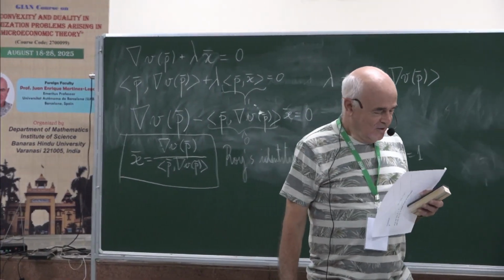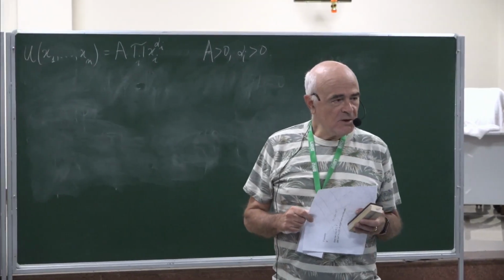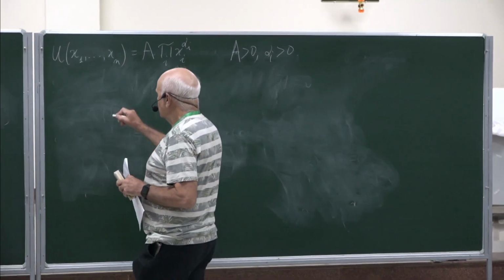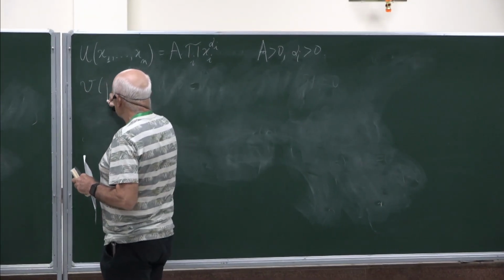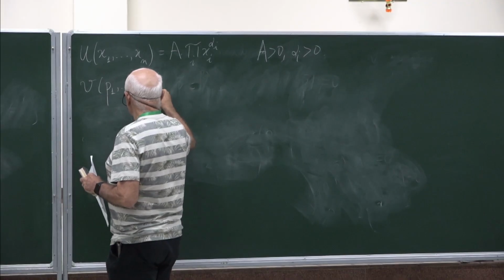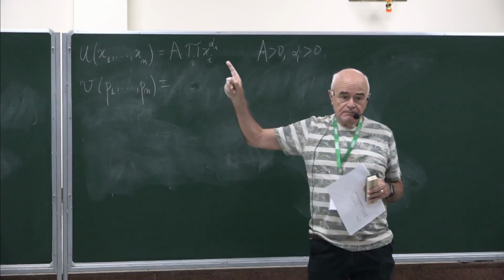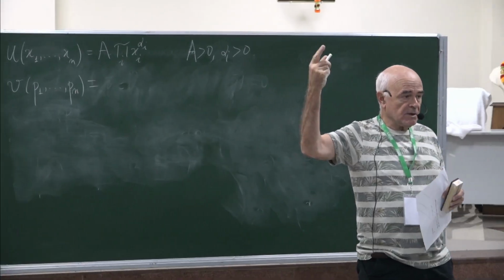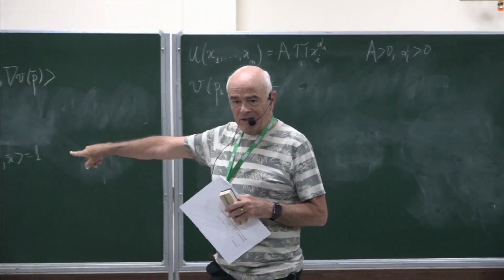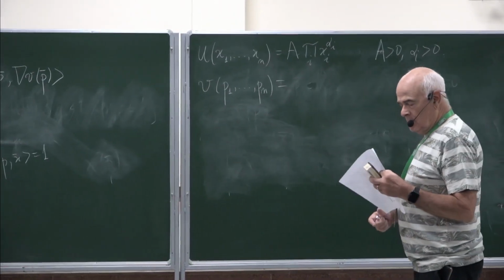And we also computed the indirect utility function, and we saw that it is given by... by the way, U is regular. It satisfies the regularity conditions required for the validity of Roy's identity.